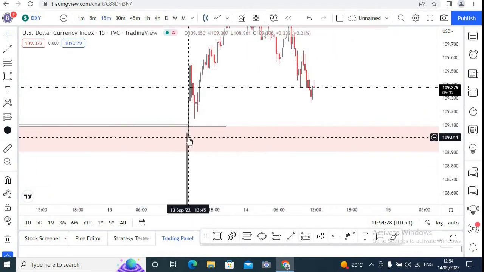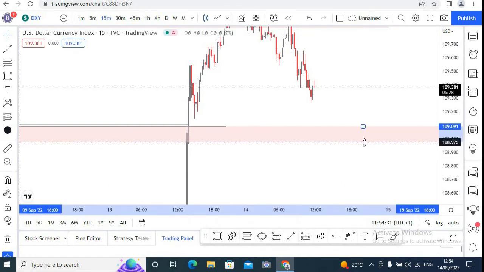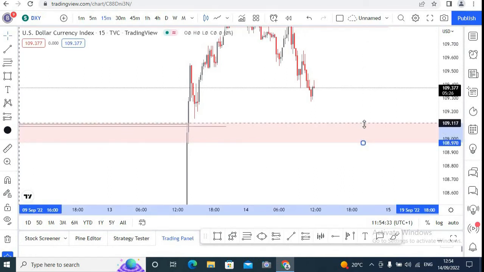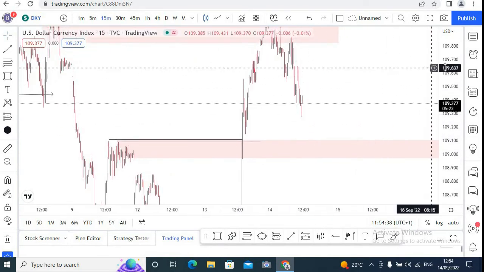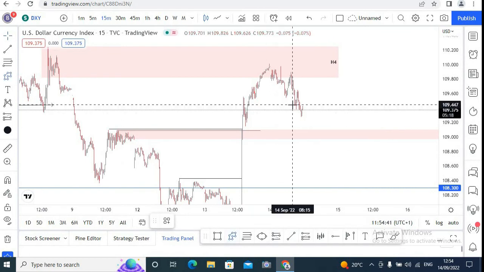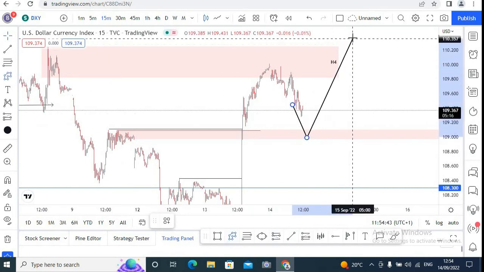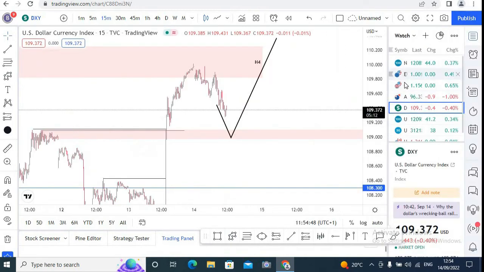We also have this hidden base right here, a nice hidden base, week to week, right there. That's where they might also reject and give you a bullish momentum, something like this, taking out the supply.